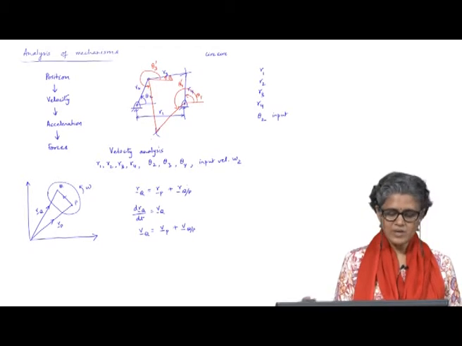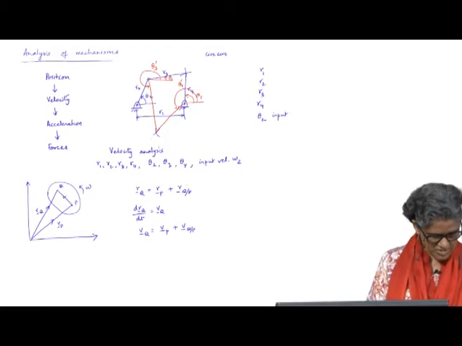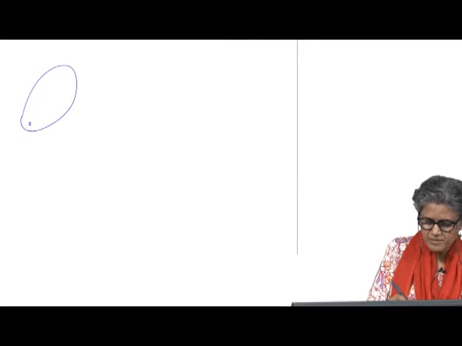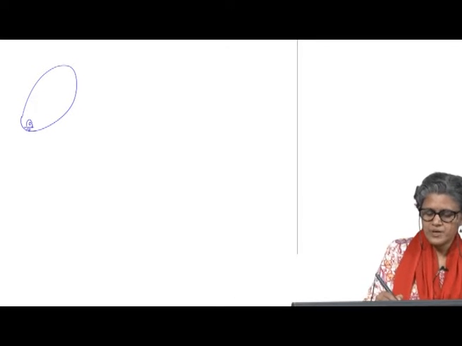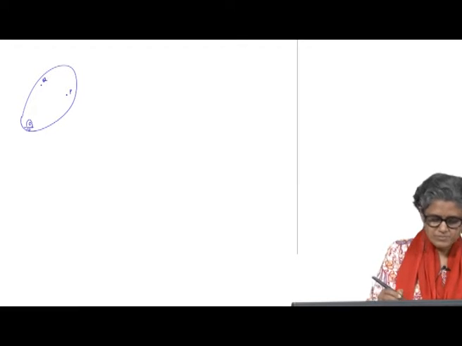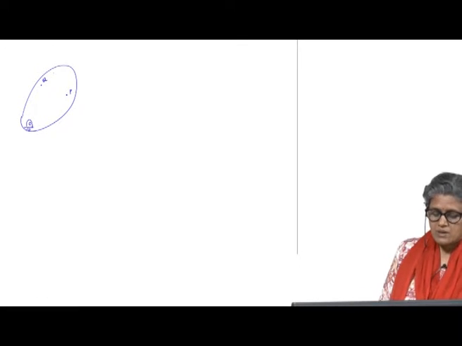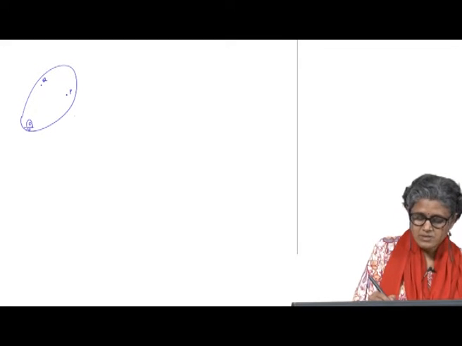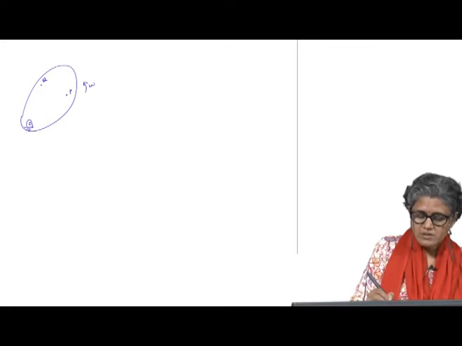How does that vector change with respect to time? Let us take a body that is pivoted about a point, and I have two points on this. Let us say this is moving with omega.